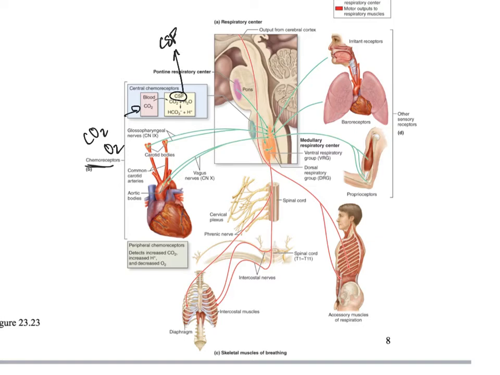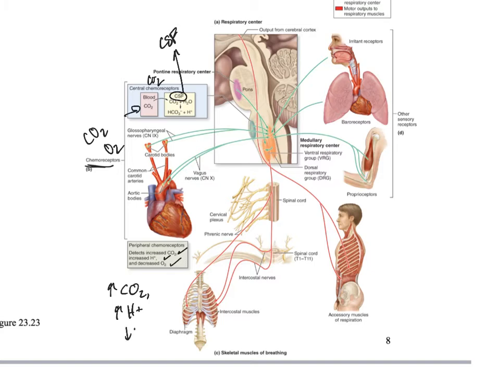The cerebrospinal fluid washes over the brain, and then over here you have peripheral chemoreceptors. So these are central receptors. They are mainly CO2. And you have peripheral chemoreceptors. They also detect CO2, hydrogen ions, and lowered oxygen levels. So they have different things. So we have high CO2, we have high H+, and we'll talk about that in a second.